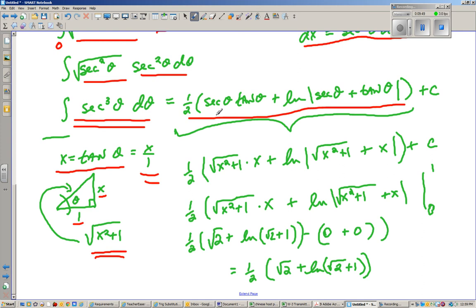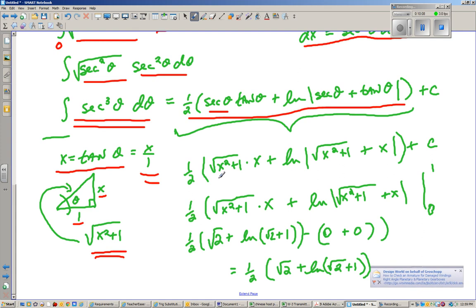So secant, which is 1 over cosine. In this particular problem, cosine would be 1 over this radical x squared plus 1.